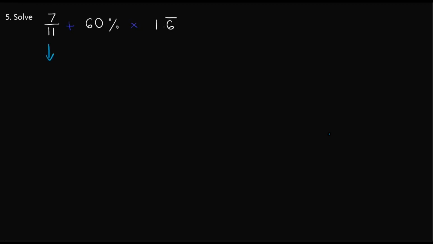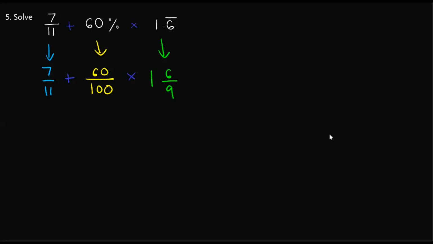So again, this one is already in fraction. 60% in fraction is simply 60 over 100 times 1.6. Recall that in fraction, this one is 1 and 6 over 9, since we put a 9 in the denominator for non-terminating decimals.